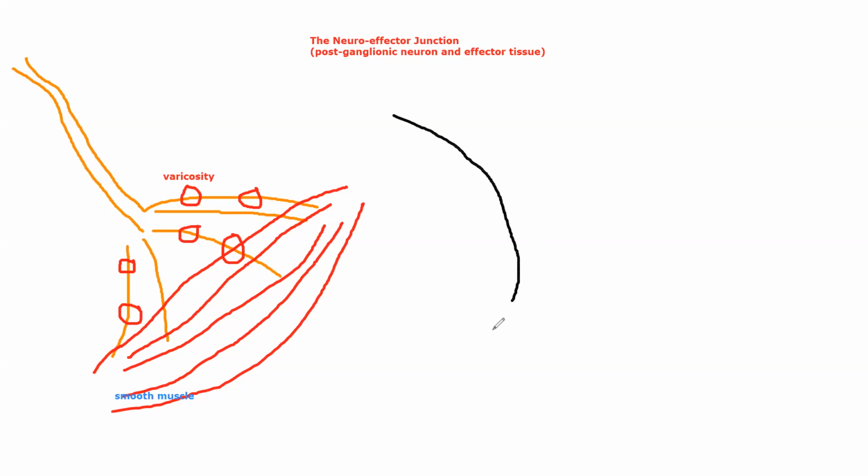Okay, so this is the varicosity here. And then this is our smooth muscle on the other side.